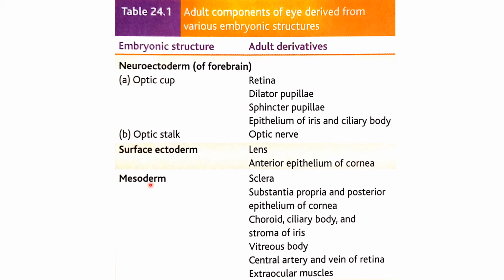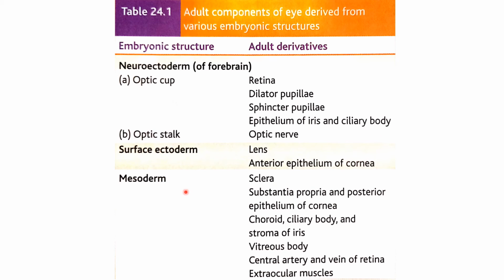Now, let us see what the mesoderm gives rise to. The sclera of the eyeball with the substantia propria and posterior epithelium of the cornea, and the choroid. These three entities develop due to the migration of neural crest cells into the mesoderm.